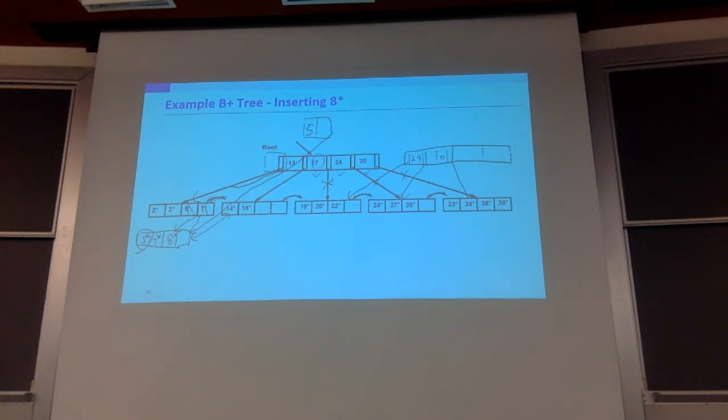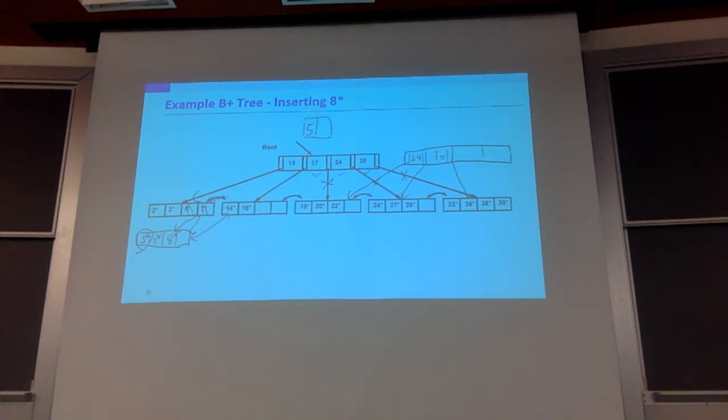Well, what about the 17? Okay, so we'll show this later, but then we have space on the original root page, right? Because we have 3 empty slots. So then we can insert this 5 here. This is a little bit messy.